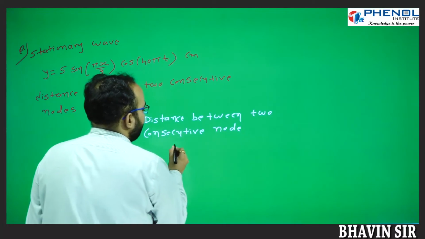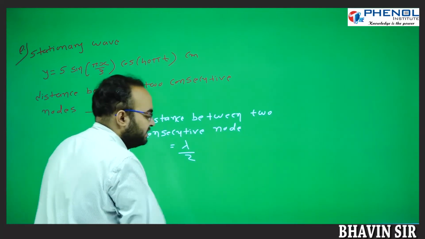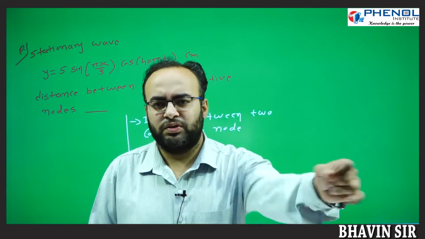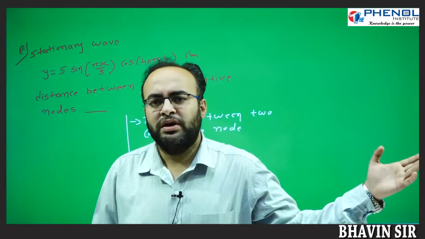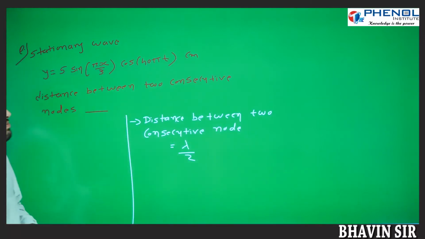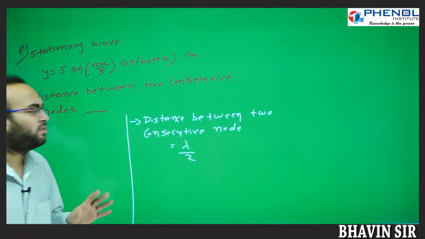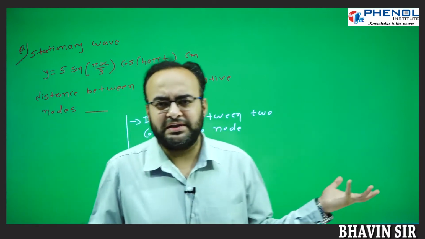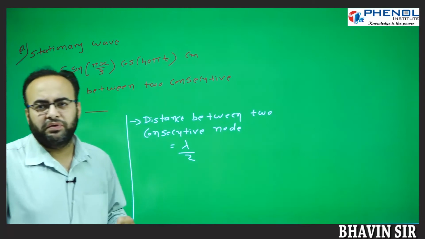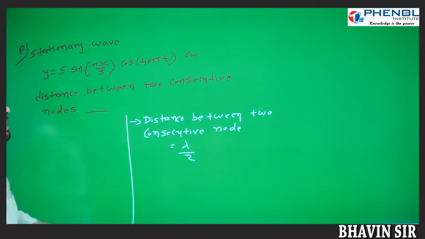The distance between two consecutive nodes is lambda by 2. The distance between two consecutive nodes or antinodes is the same, that is lambda by 2. So here we first want to find lambda.